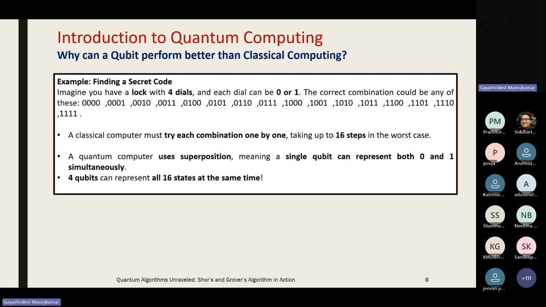So for each basis state, from ket of 4 zeros to ket of 4 ones, this can be associated with a complex number called an amplitude, which is related to a probability.